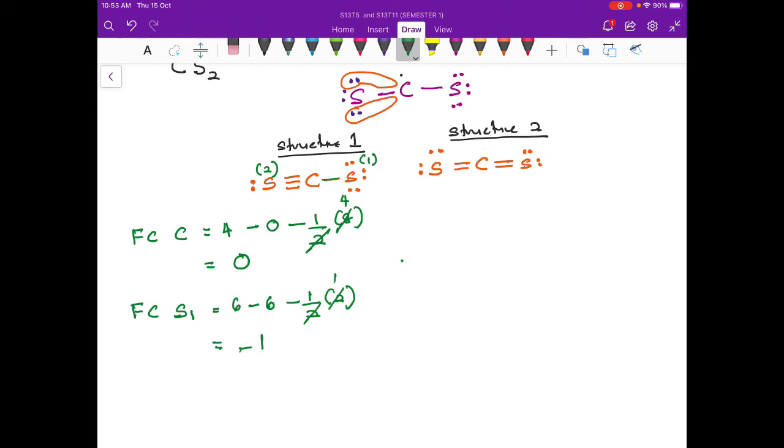Okay, what about the formal charge for the second sulfur?